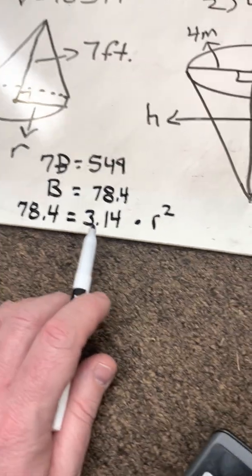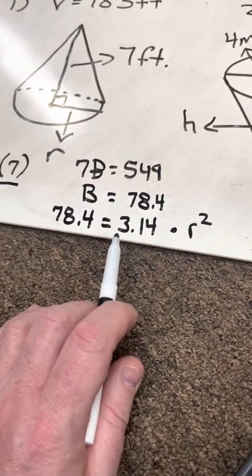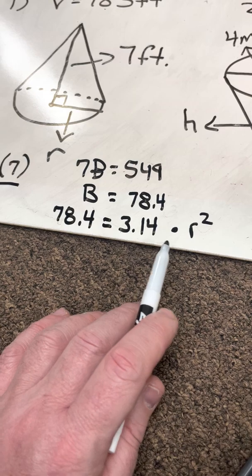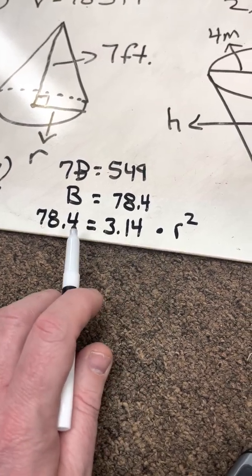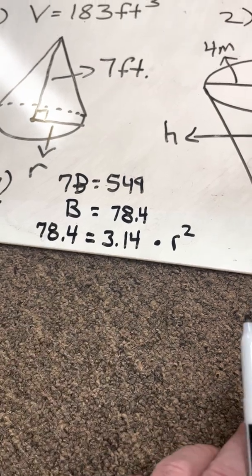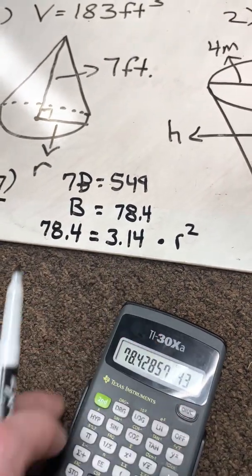So now I have this situation set up, where to get r squared by itself, I am going to have to divide both sides by pi to get rid of the 3.14.